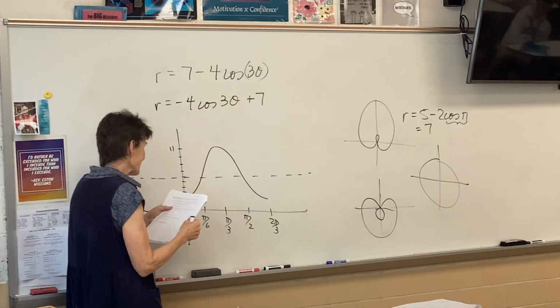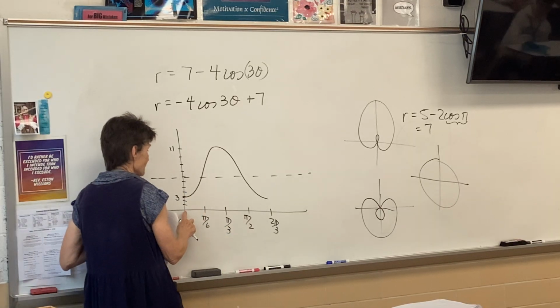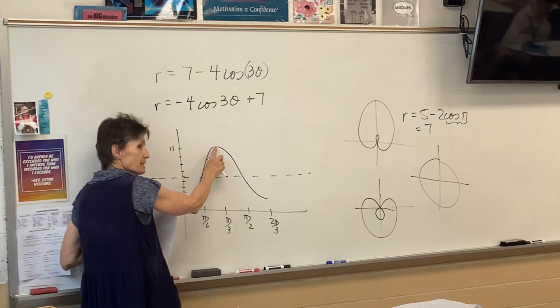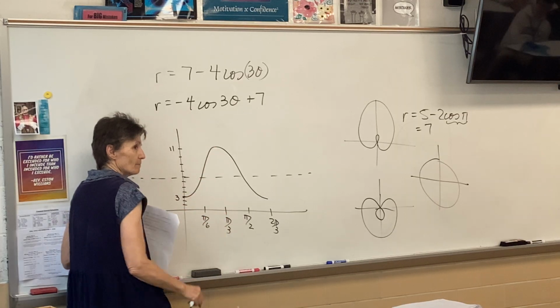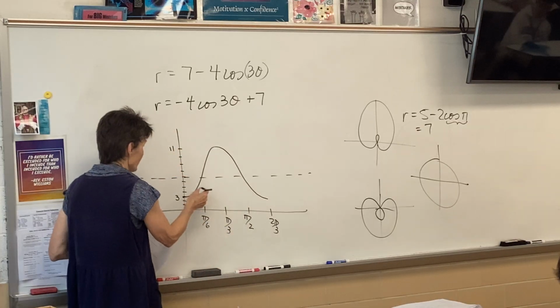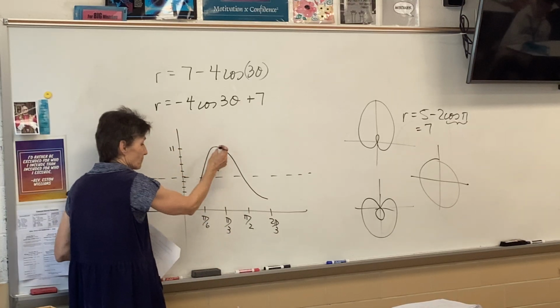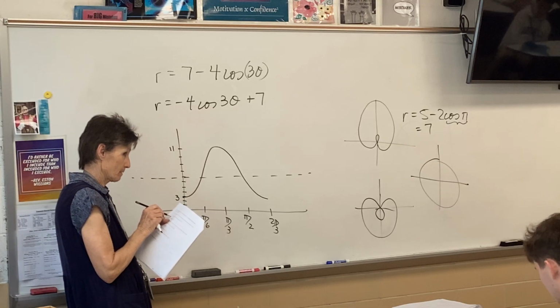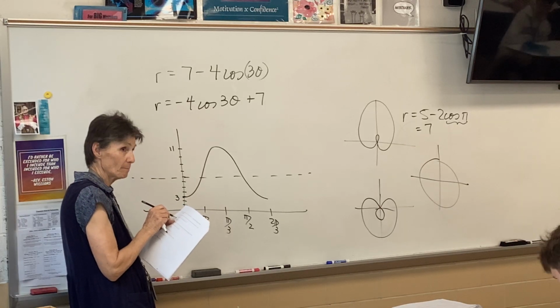F is decreasing from 0 to pi over 3. Is our curve decreasing from 0 to pi over 3? What's our curve doing from 0 to pi over 3? Increasing? Going up?